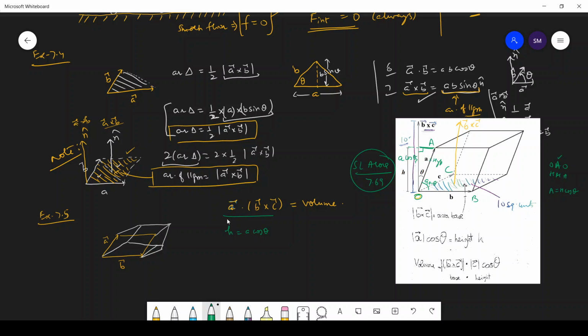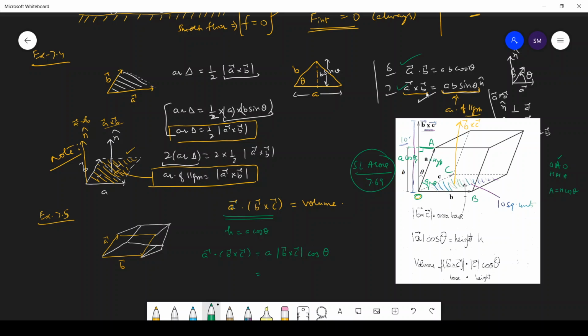Now let us find this A dot B cross C. So we know dot, we have just written it over here. The magnitude of A, that is A, into the magnitude of B cross C and into cos of the angle between them. So what is the angle between vector A and B cross C? That is theta between A and B cross C. And now what is B cross C?